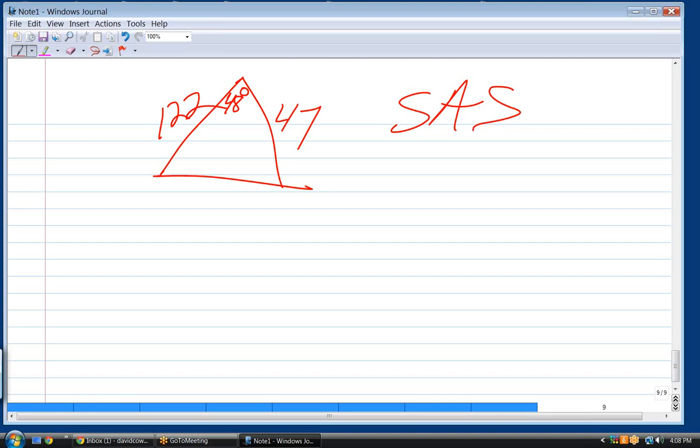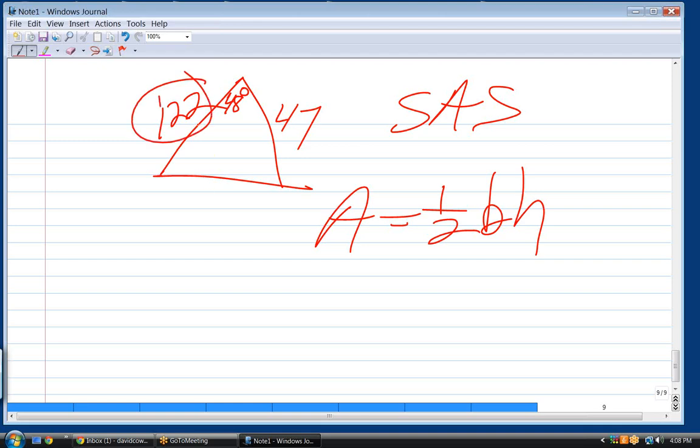When you have side angle side, there is a special formula you can use for area. Notice that area is normally 1/2 base times height. The problem is I don't know what the height is here. If I use that as the base, I would need that distance there. If I use this as the base, I'm going to need this distance here.